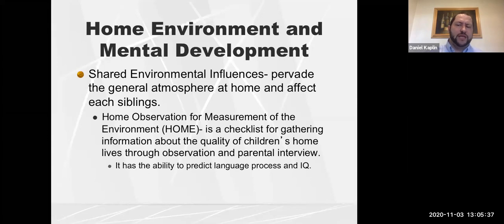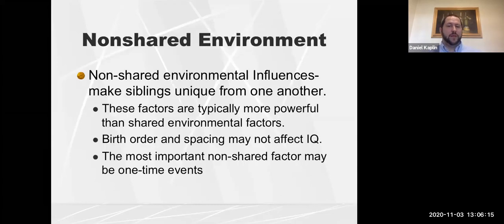Well, if you wanted to measure how similar or dissimilar a person's environment or quality of their home life is, you could use the instrument Home Observation for Measurement of Environment, called HOME, and that will tell you about the environmental factors that impact IQ. So the more similar siblings are in having high or positive scores on the HOME, so to speak, the better IQ is going to be. The more different the scores are, the more differences there are going to be in IQ.